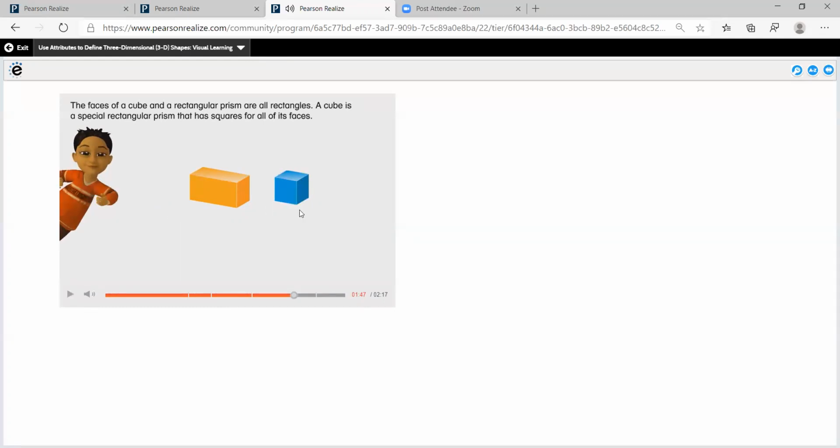The faces of a cube, which is our blue shape, and a rectangular prism are all rectangles. The cube is a special rectangular prism because it has squares for all of its faces. All of the faces are the same size, while a rectangular prism has some long and some short.